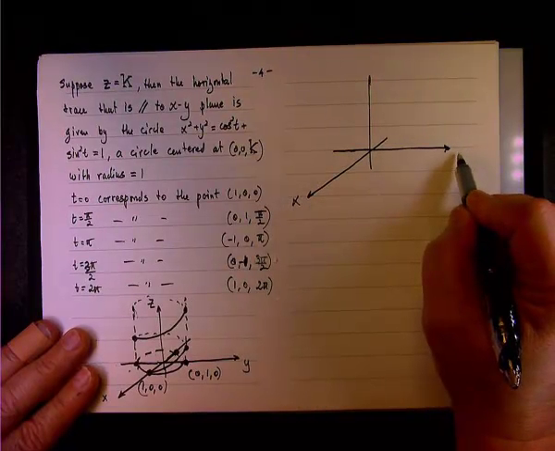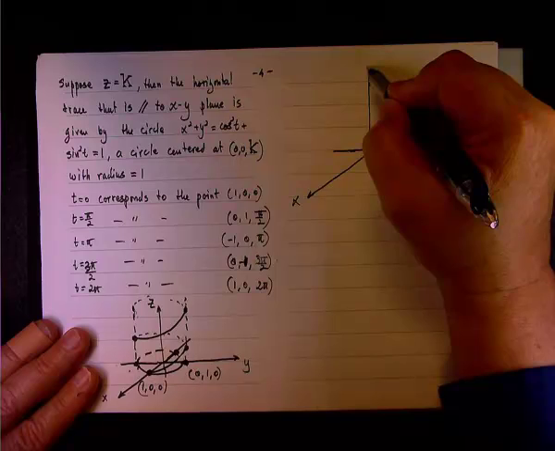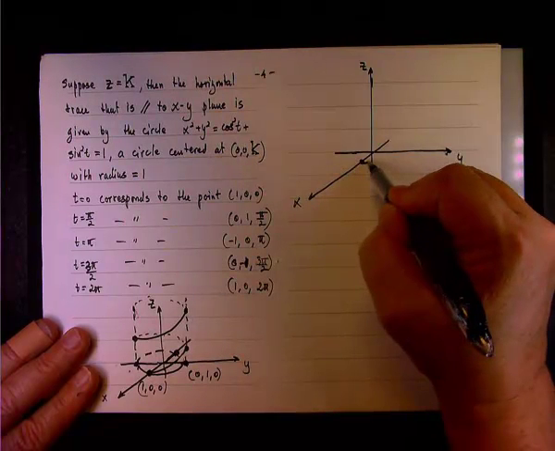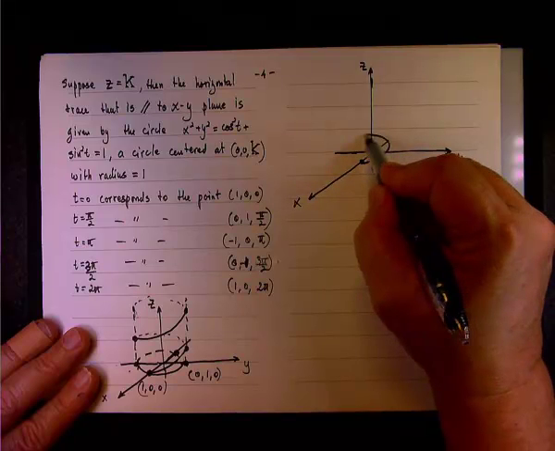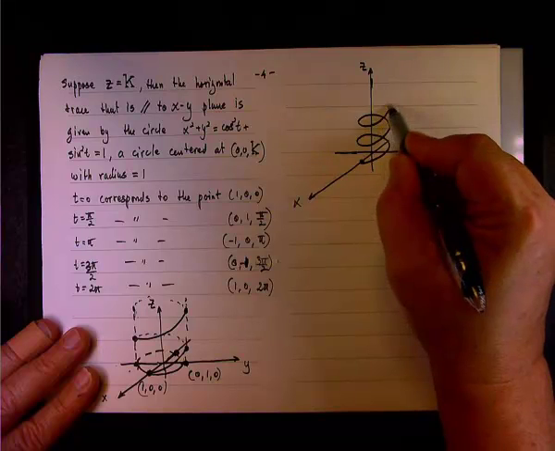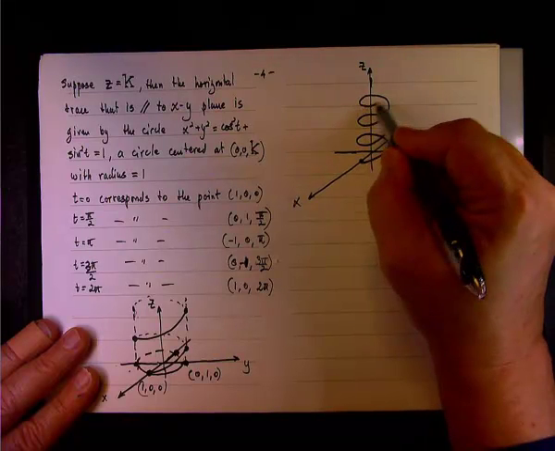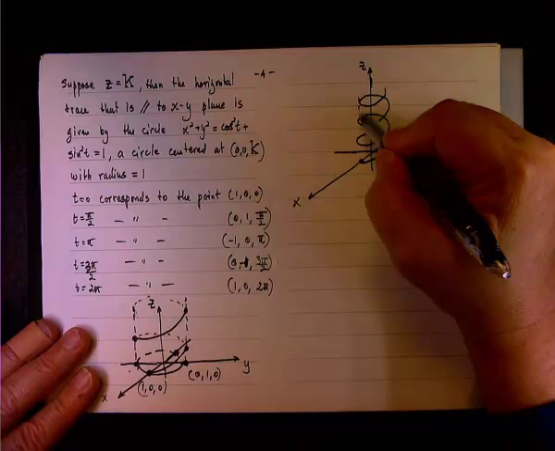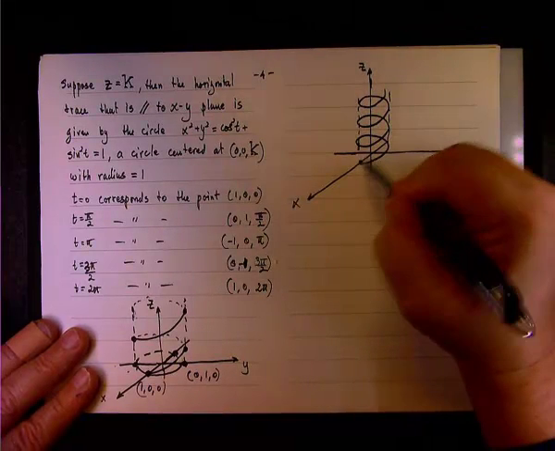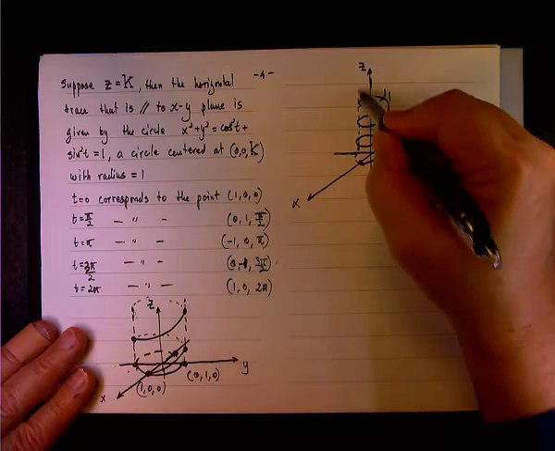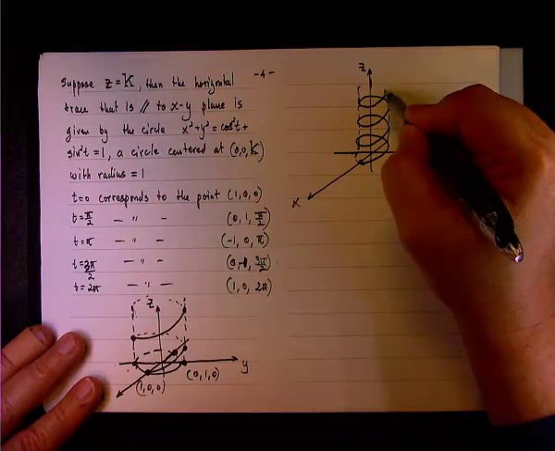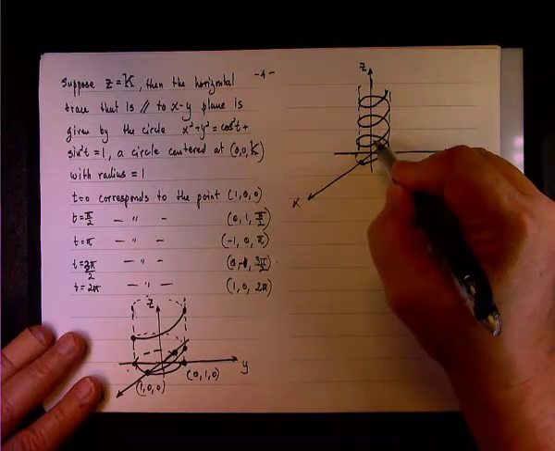So the shape is a helix. Let me see if I can draw it. What we end up having is this spiral, like so.